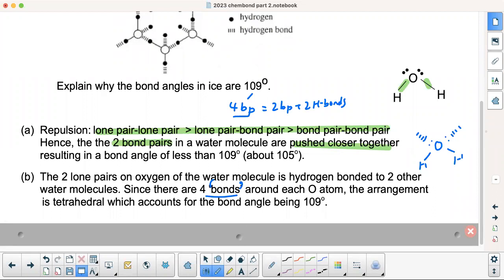So the arrangement is tetrahedral, which accounts for the bond angle of 109.5. So these 4 bonds are 2 bond pairs and 2 H bonds. So it's something along the lines of having 4 bond pairs. But that can only happen for ice, because the H bonds are very strong as the molecules are much closer.